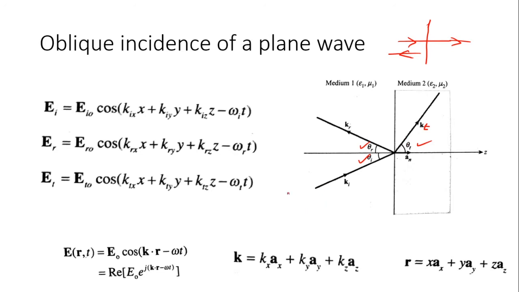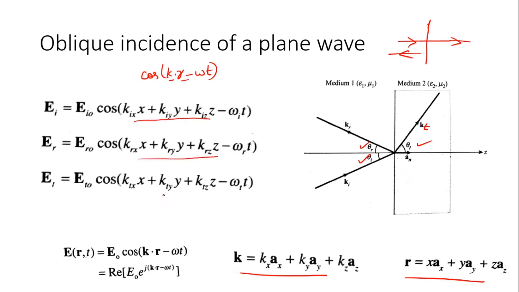Okay, so how can you write this? It will be cos of (k dot r minus omega t), and you know k and r. K is this, r is this. So k dot r means kx into x plus ky into y plus kz into z. So that is coming in these three parts.